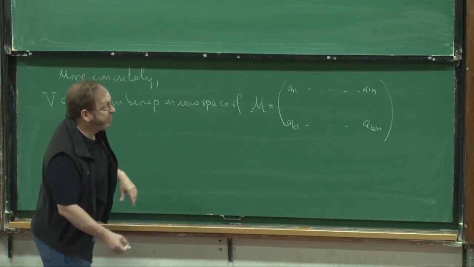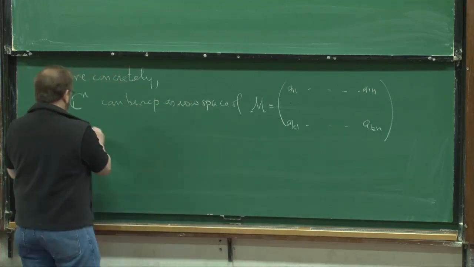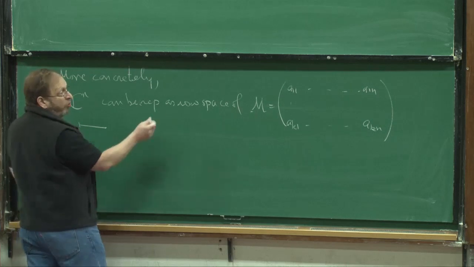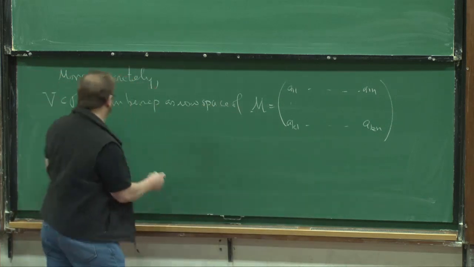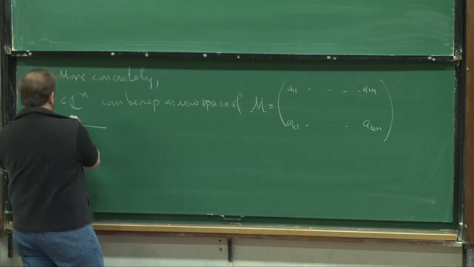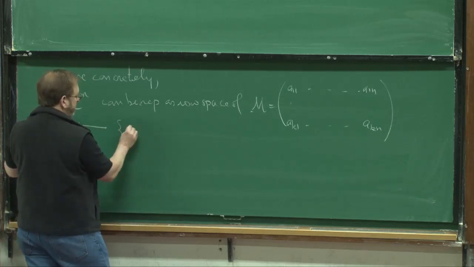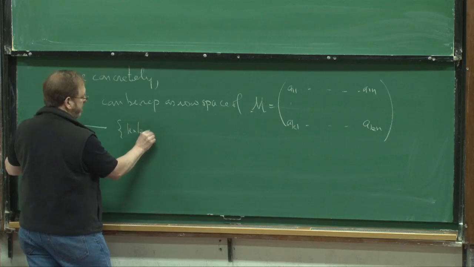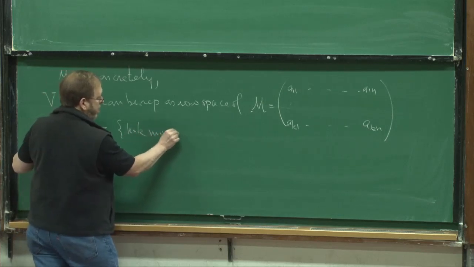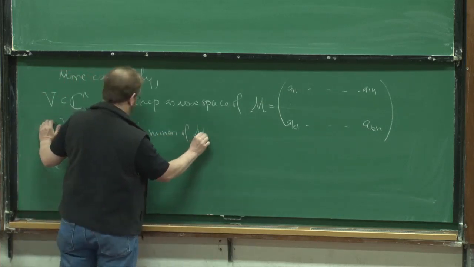And the Plücker embedding in this case sends V to the homogeneous vector given by the minors. I should say the maximal minors, or k by k minors, of this matrix.